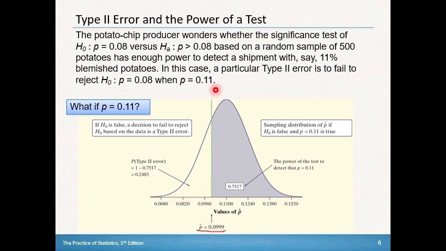To the right of this green line, the shaded region in this graph shows us the probability that we would reject the null hypothesis when we actually should, and that's what the power is. The power is the probability that we would reject the null hypothesis based on some alternative hypothesis. The alternative hypothesis here is 11%.